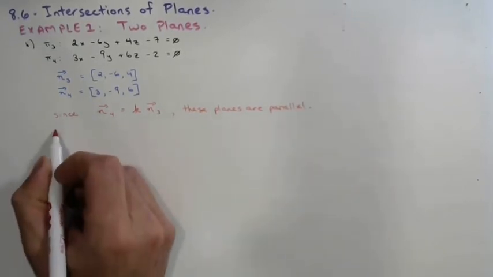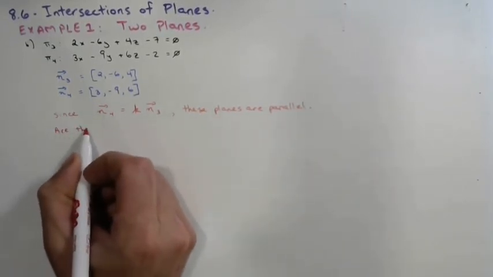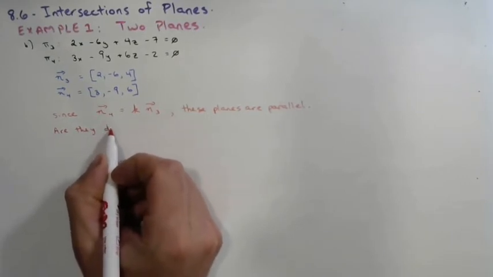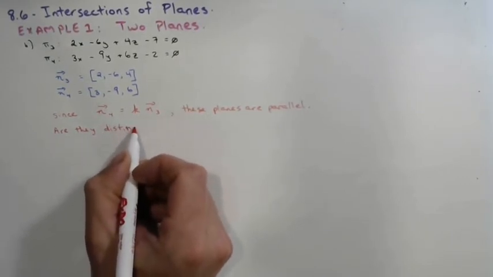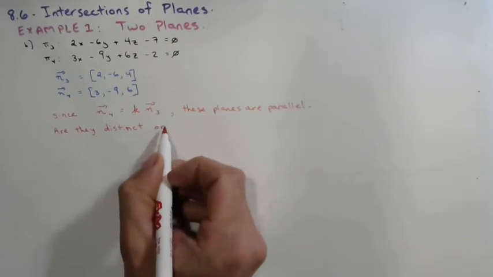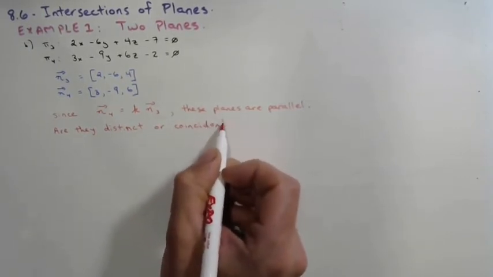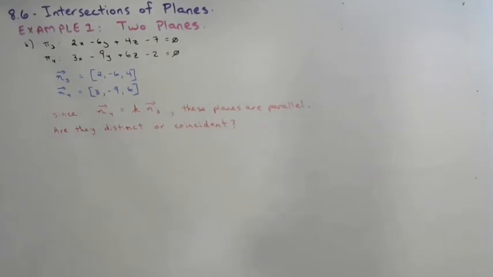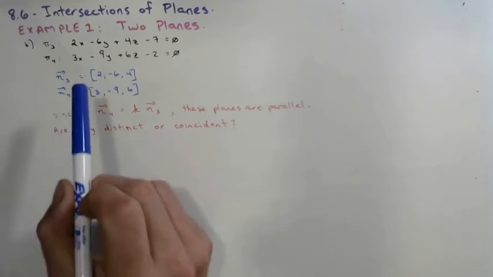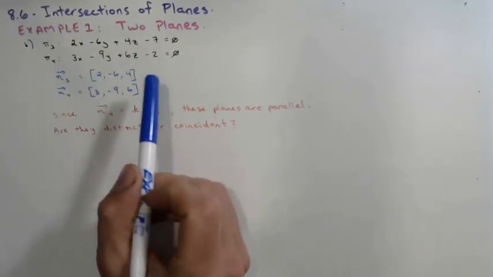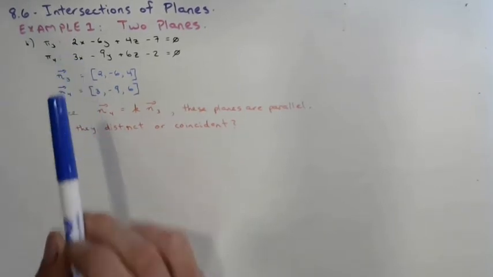Now, are they parallel and distinct, or are they coincident? Are they the same plane? In order to do that, we need to see if there is a solution, x, y, z, that would satisfy both of these equations.